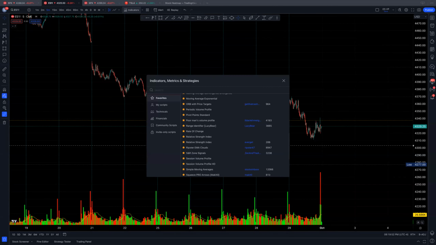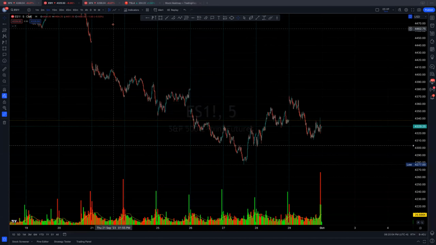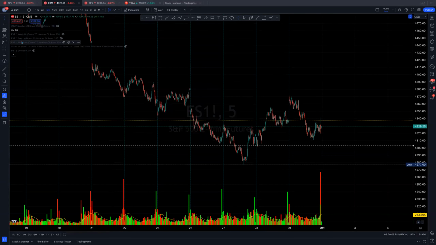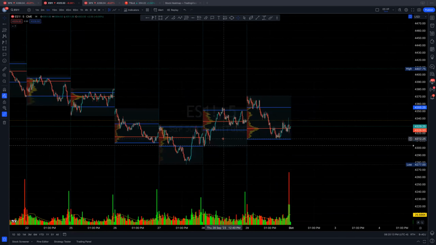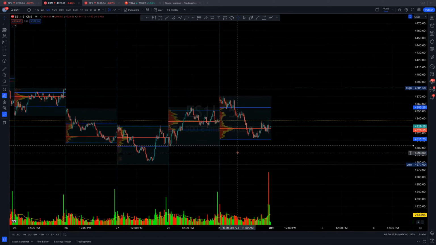Okay, so once we find periodic volume profiles on TradingView, and you have your TOS set up, we can click it and activate it. I'm just going to click here so this doesn't have to be hidden anymore, and we will see something like this.